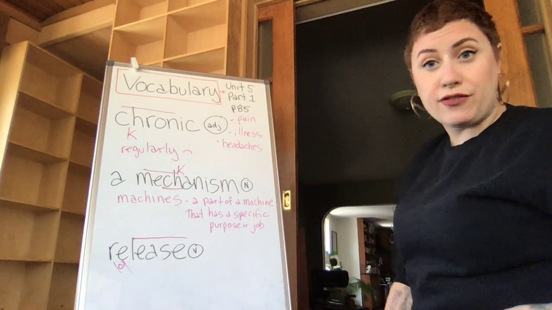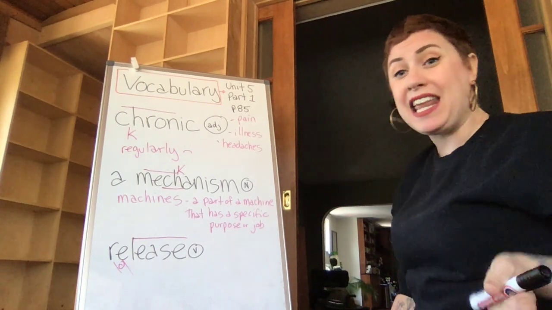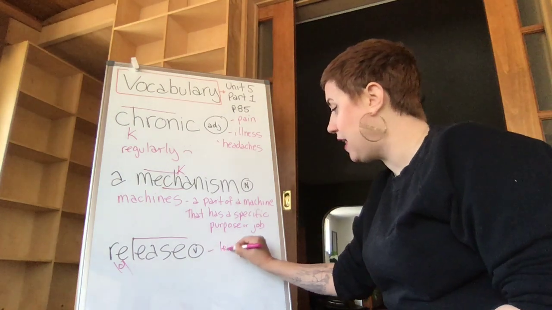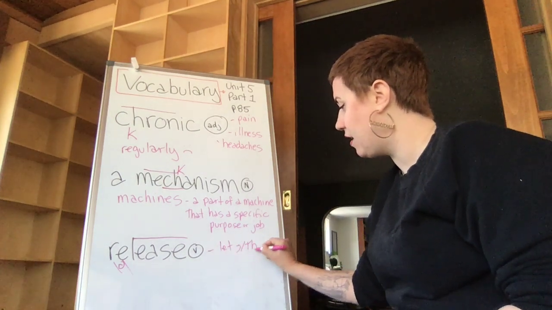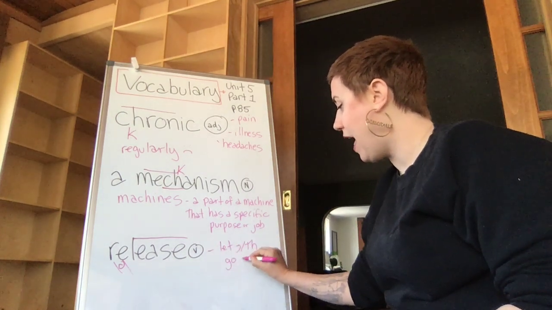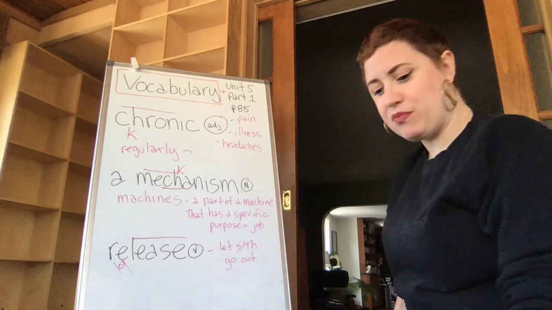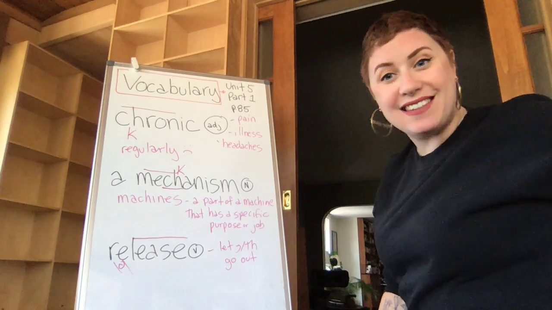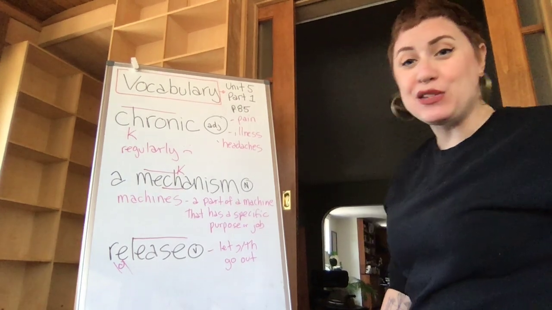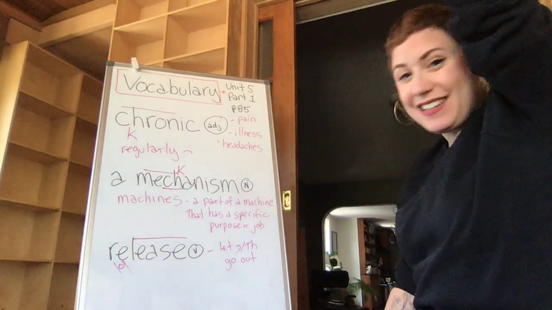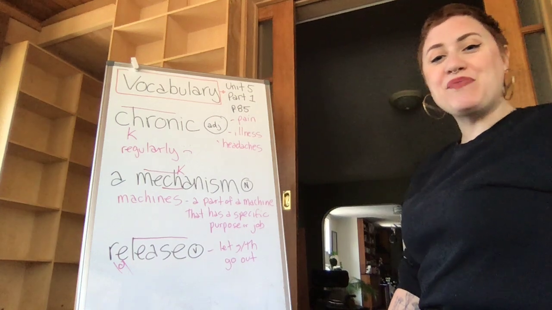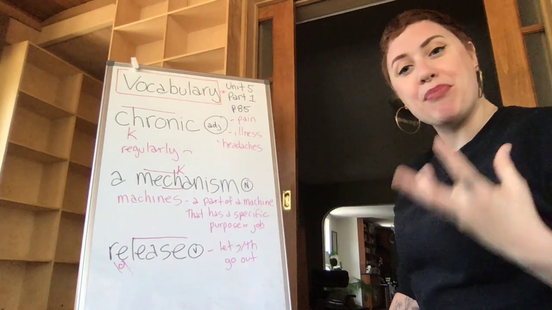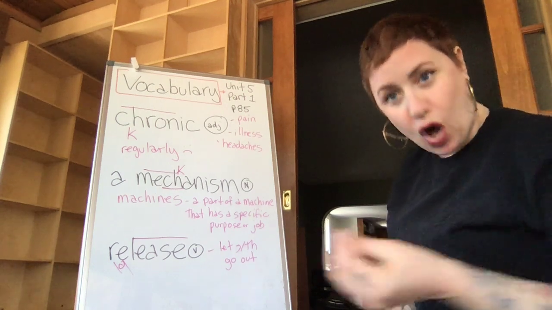So release is a verb that we use in many, many different contexts. It's basically to let something go out. So every day I release my cat outside. I open the door and my cat is released. It goes out. So when something is released, it's like we give something permission to go out.